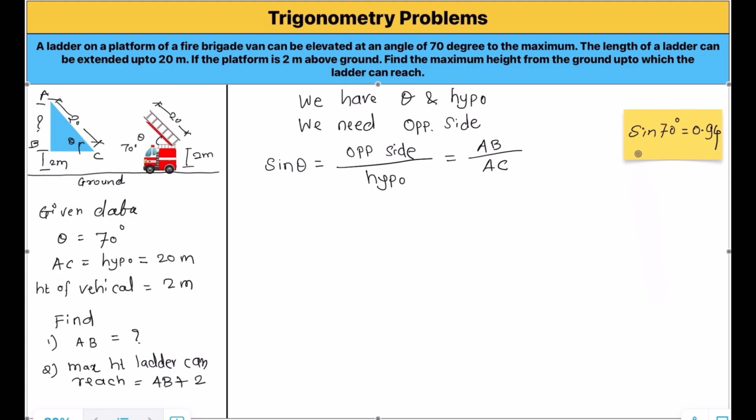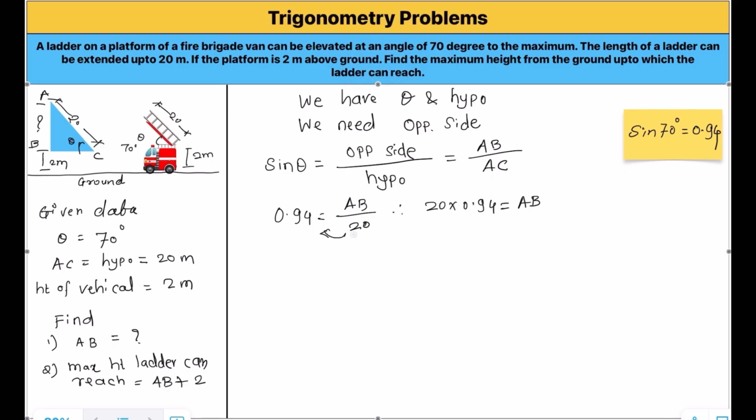Sine 70 value is 0.94. Don't worry, such odd sine angle values would be given in the problem itself. So substituting sine 70 and the AC value, we get 0.94 is equal to AB upon 20, which is already given.